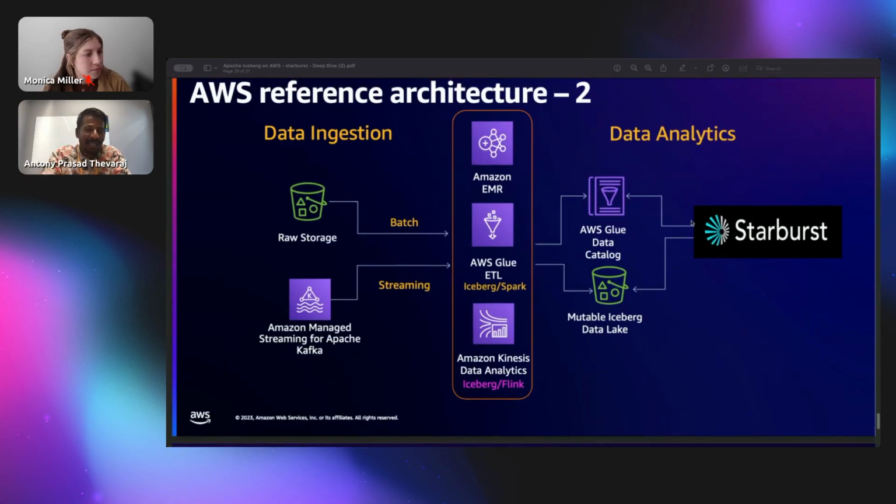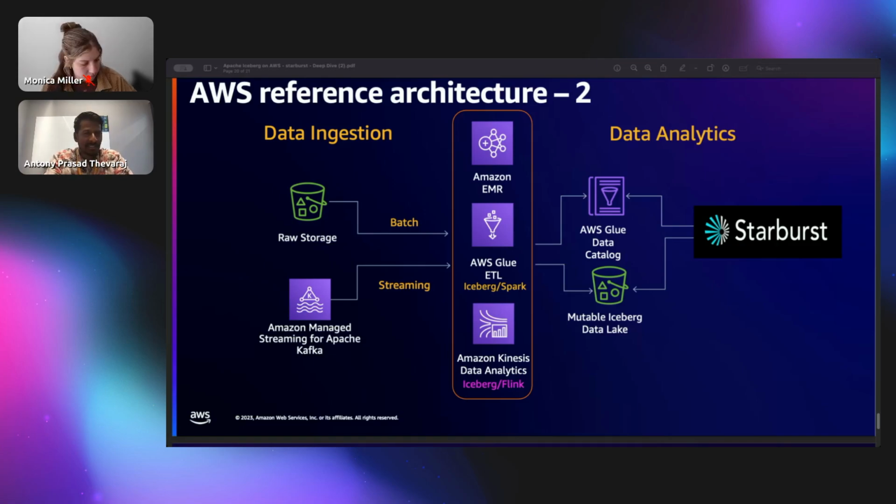This is slightly more complex based on the use case. In this one, we're introducing real-time streaming, the CDC approach, where we have Amazon Managed Apache Kafka, which helps in streaming data. You have a combination of batch and streaming data sets. Maybe you use a combination of Glue ETL, Kinesis Data Analytics and EMR to do some kind of analytics, based on what you want to look at.